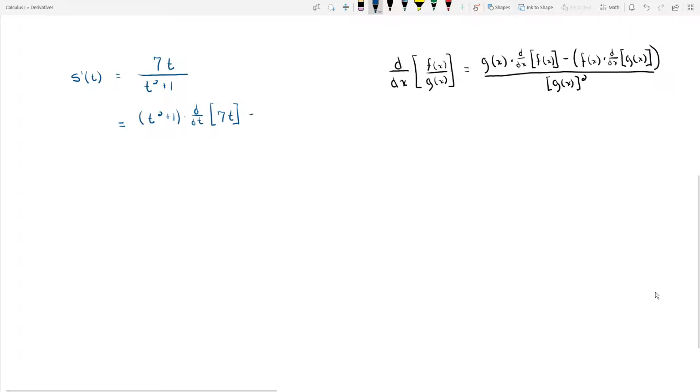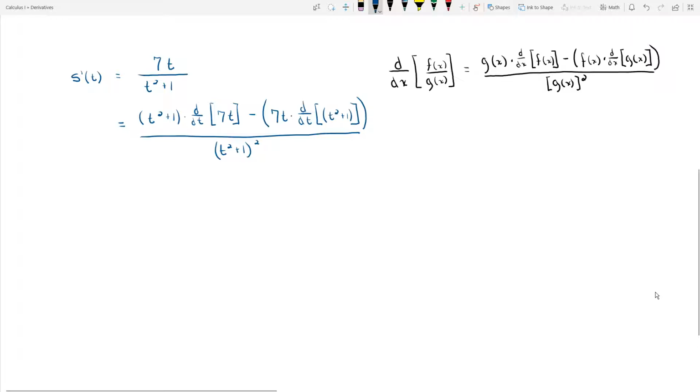That's going to be minus 7t multiplied by the derivative with respect to t of that entire term of t squared plus 1. And of course, that's over our denominator squared, so t squared plus 1 squared.